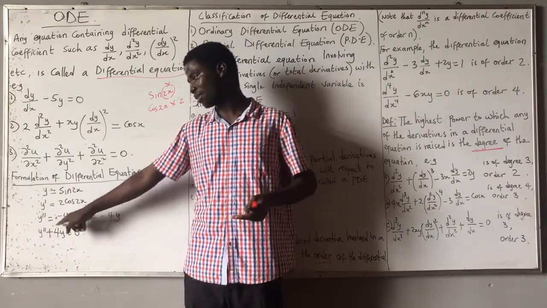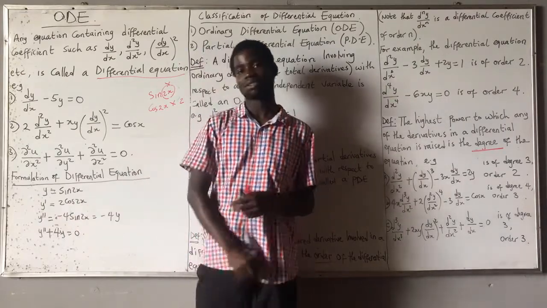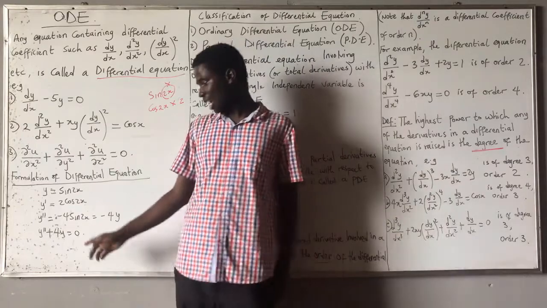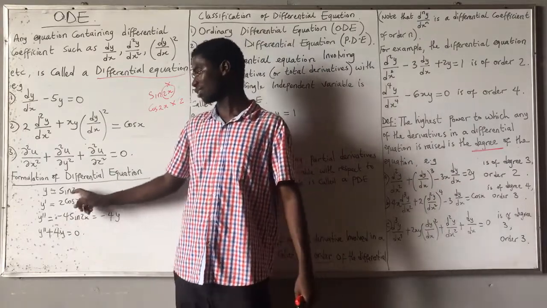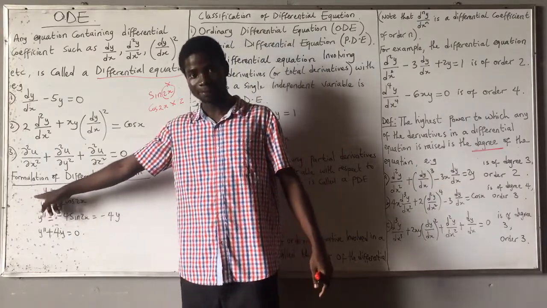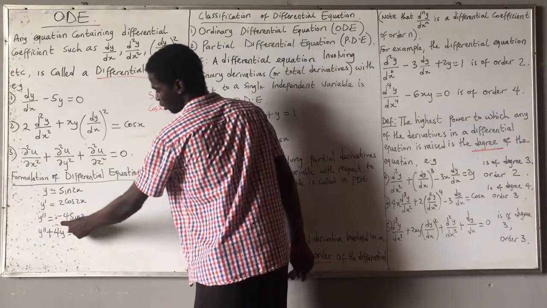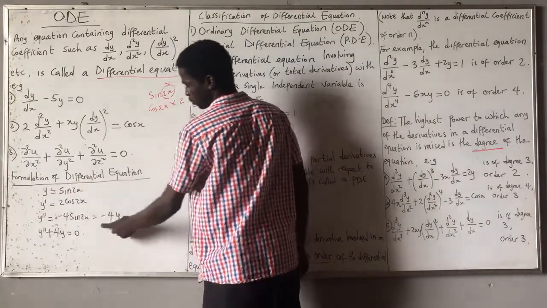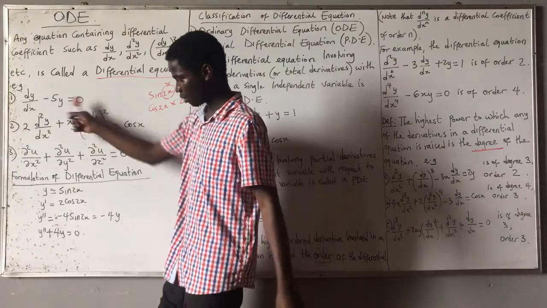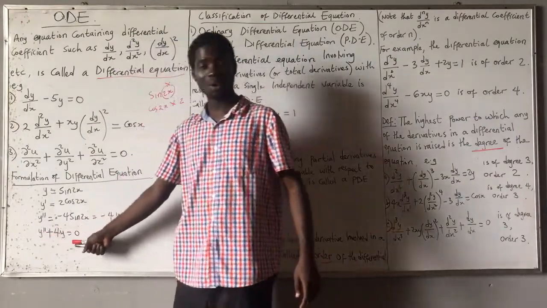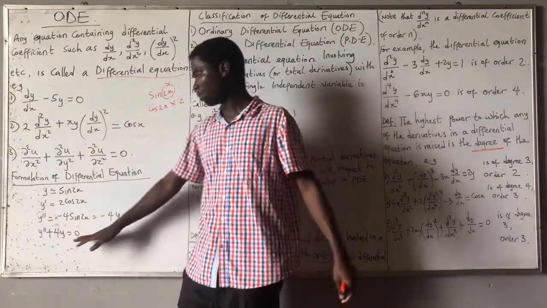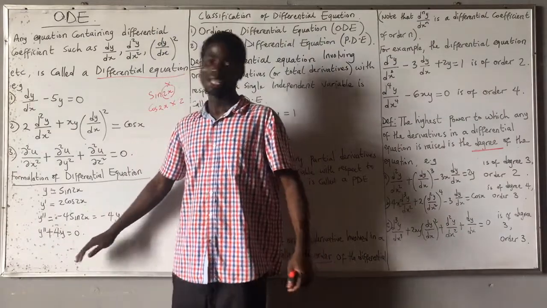Differentiate cos, you have minus sin 2x. So that is equal to minus 4 sin 2x. Don't forget, sin 2x is the same thing as y, so I replace it: minus 4y. So bring the minus y here, and you have y prime prime plus 4y equals 0.